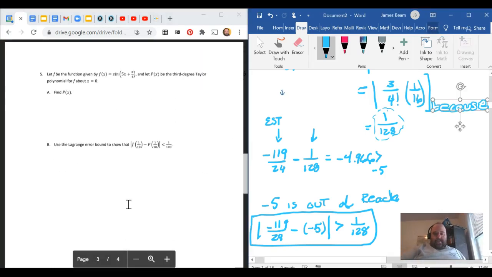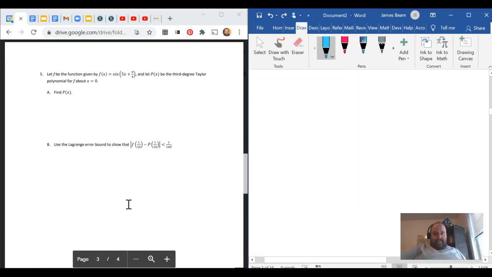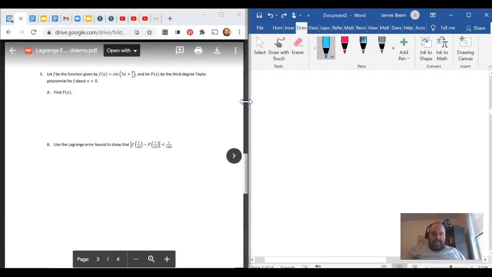All right, so let's look at number 5. Number 5 here says let the function be given by sine, so f of x is equal to sine of 5x plus pi over 4, right?